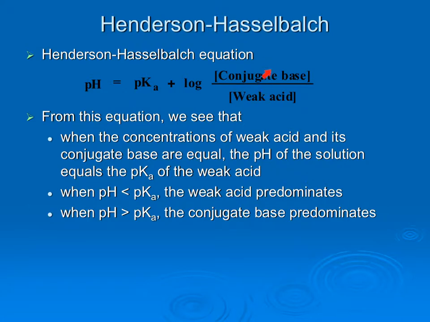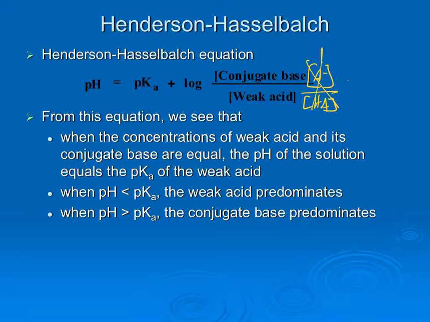Now, if these are equal to each other, and once again, I didn't write this, otherwise I would have done it as A minus over HA, because it gets to be a pain to write conjugate base over weak acid. If these are equal to each other, this becomes 1.